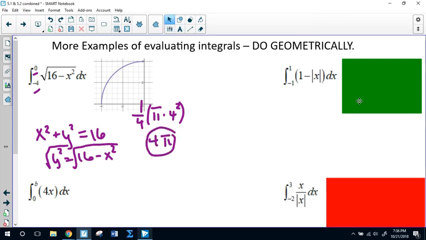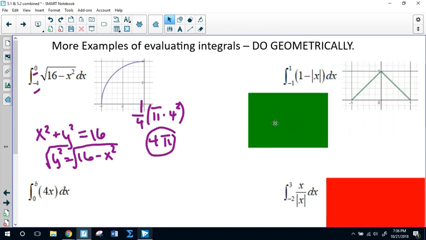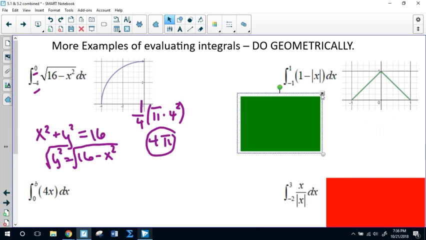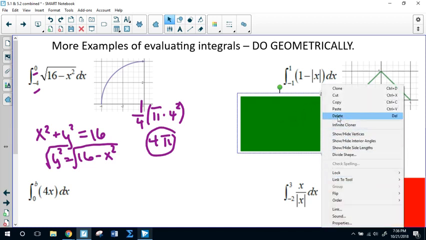Okay, next one. So this is an absolute value equation that's been flipped upside down and also been shifted up. So we want to make sure we know what that looks like, and then we want to find the area underneath it. So this graph looks like a triangle.